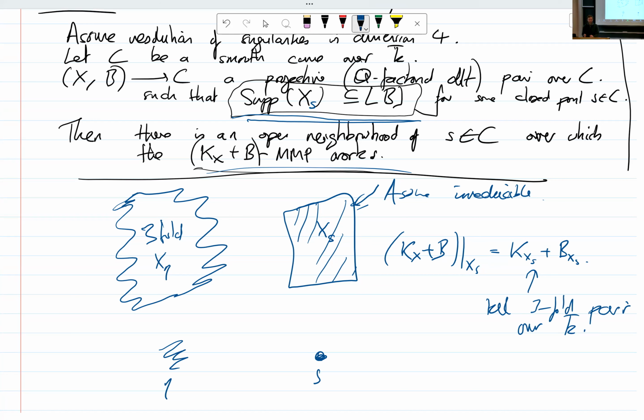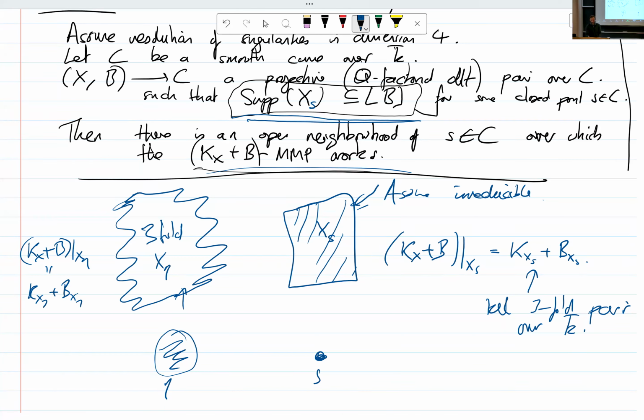Okay, so a KLT threefold pair over k bar. Then this one over here, well, this isn't adjunction. This is a threefold over a function field, but you can just restrict to the generic fiber and get a threefold pair. So K_X plus B restricted to the generic fiber is K of the generic fiber plus B restricted to the generic fiber.